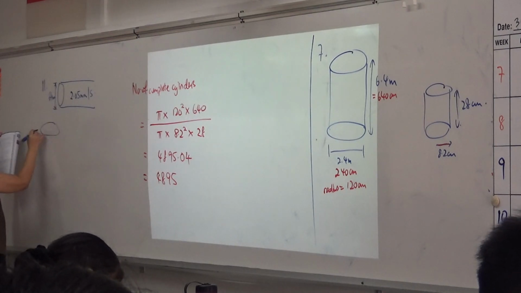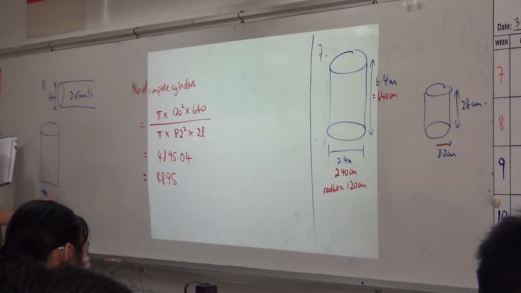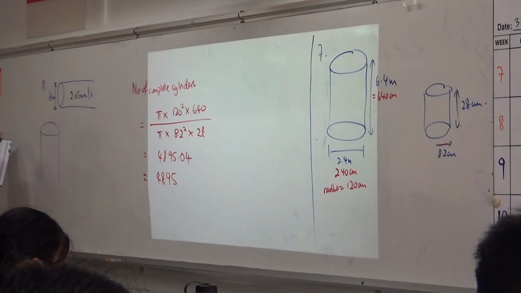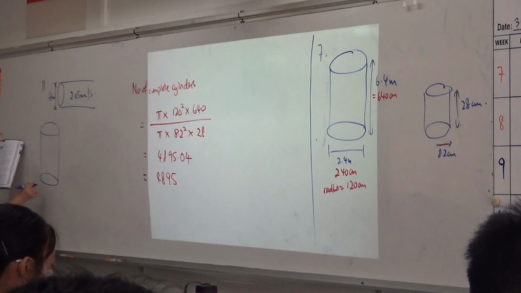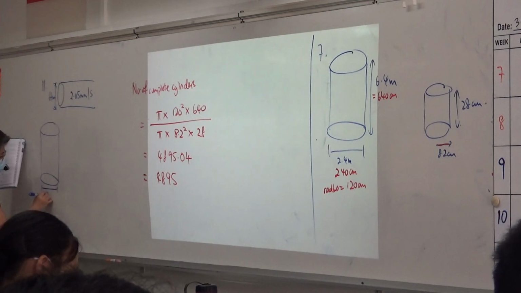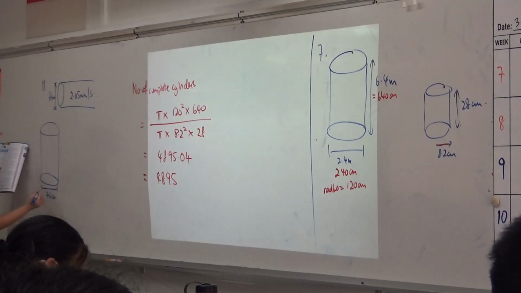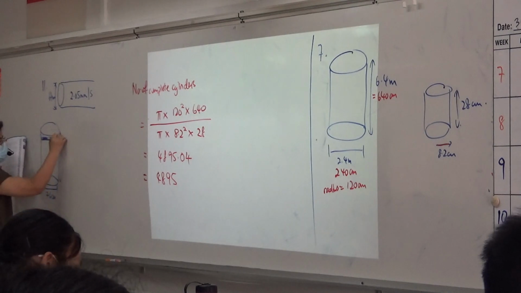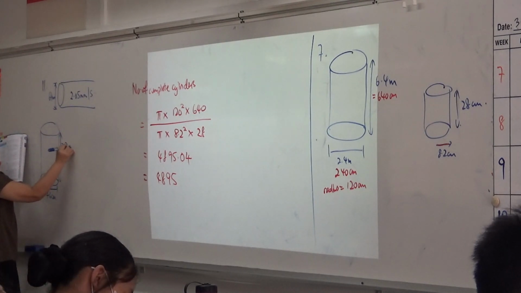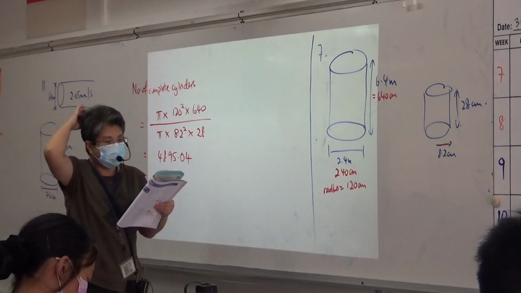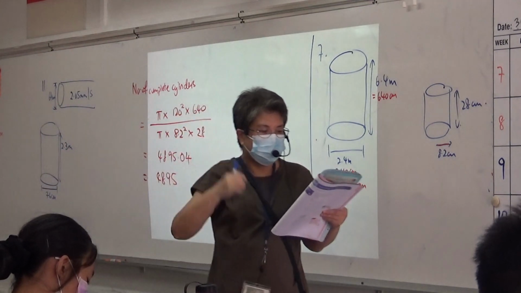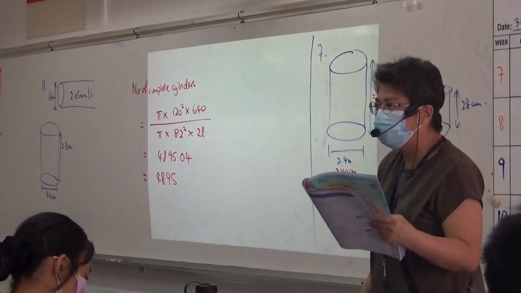That means this water comes down. Hello, this is a kind of tank. Cylindrical tank. Okay, of diameter 7.6 cm and height 2.3 meter. Find the time required to fill the tank, giving your answer correct to the nearest one.